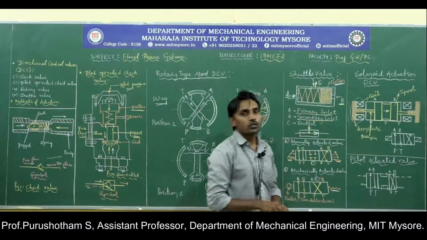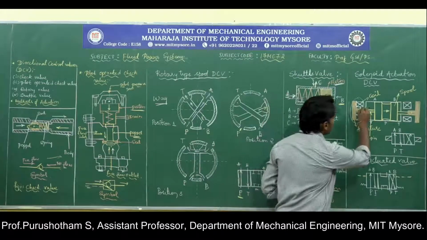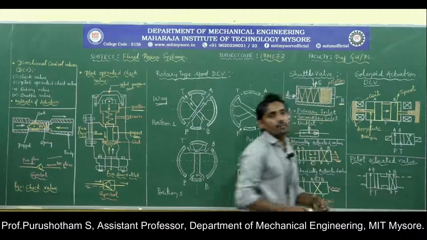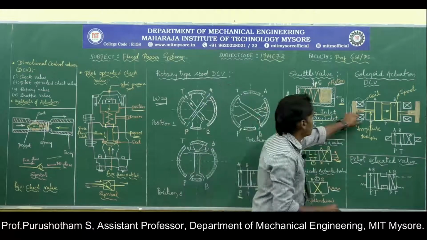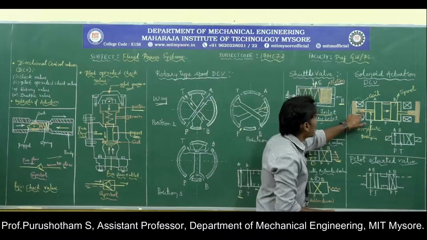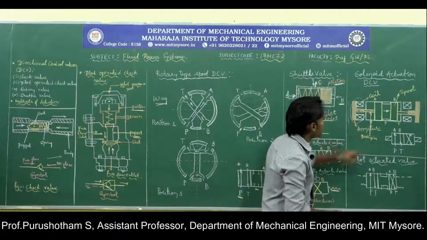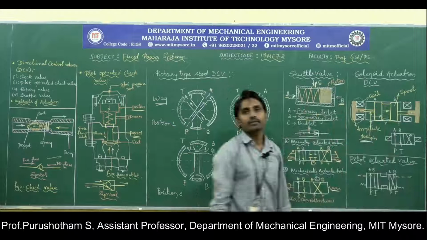When you energize this coil, the electrical energy is converted into a magnetic field. Due to this magnetic field, the plunger pushes the push pin, and that causes the spool movement.